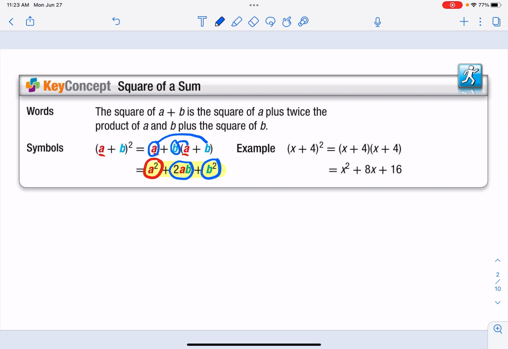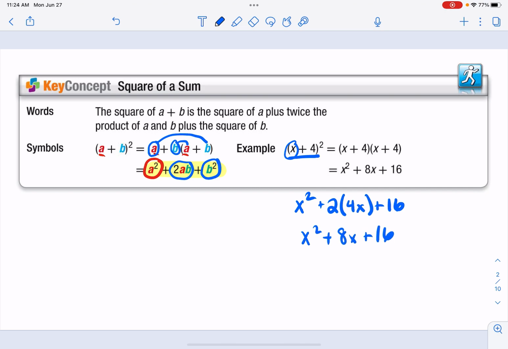So you can multiply this very quickly together by just taking the first term squared plus twice the product of 4 times x plus 16, the square of 4. And then just make sure you simplify. The 2 times the 4 is an 8x, and you're done. So that's a shortcut, if you notice that you're squaring. And it's a shortcut that's really important for when we get to some factoring later on.